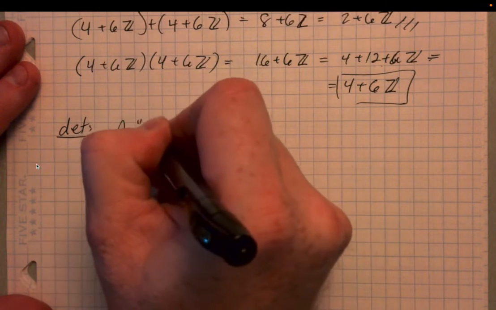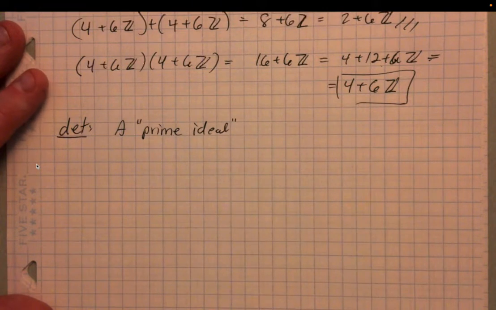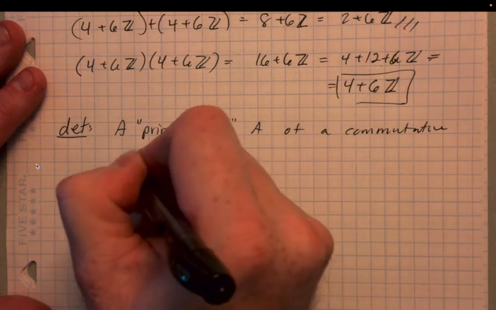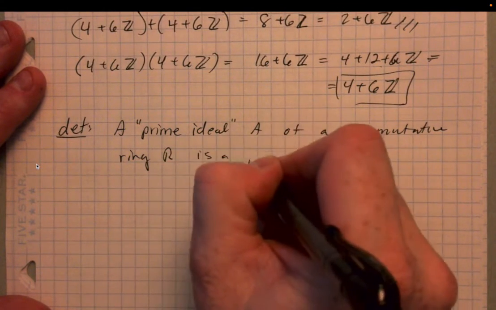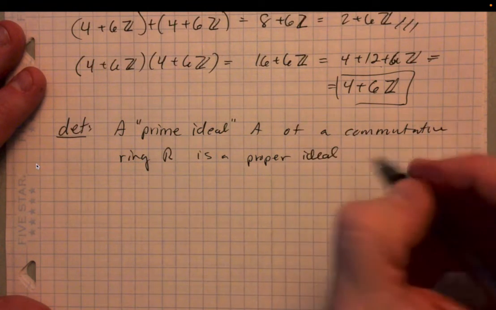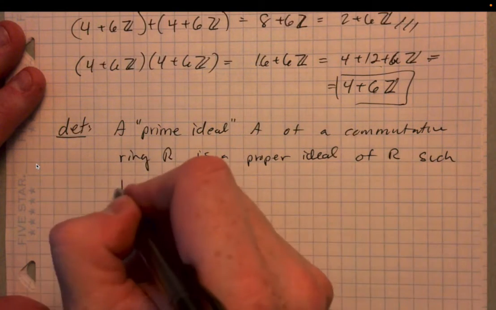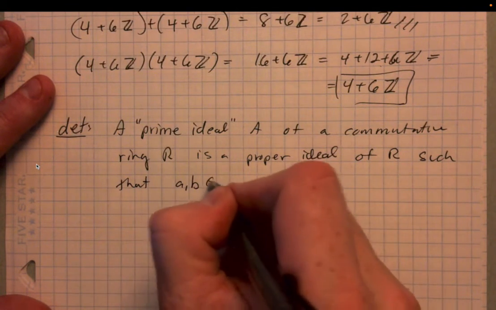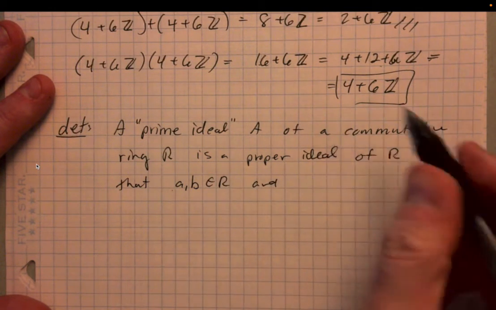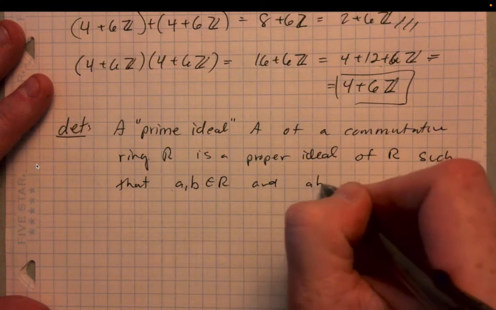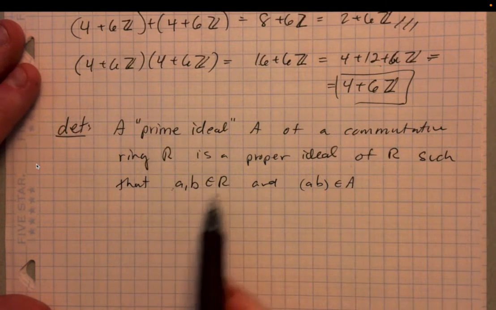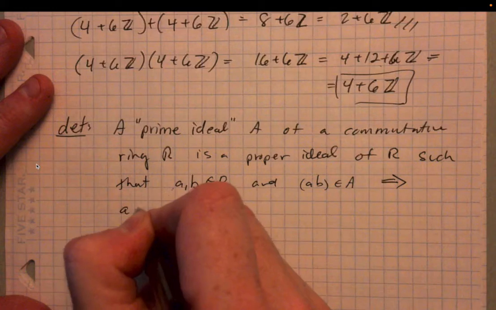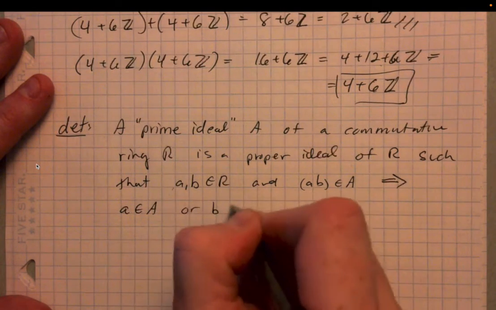So a prime ideal. A prime ideal A of a commutative ring R is a proper ideal of R such that for any A, B, two elements in the ring, if I take two elements in the ring and I find that their product is in the ideal, then that's going to imply that A is in the ideal or B is in the ideal.